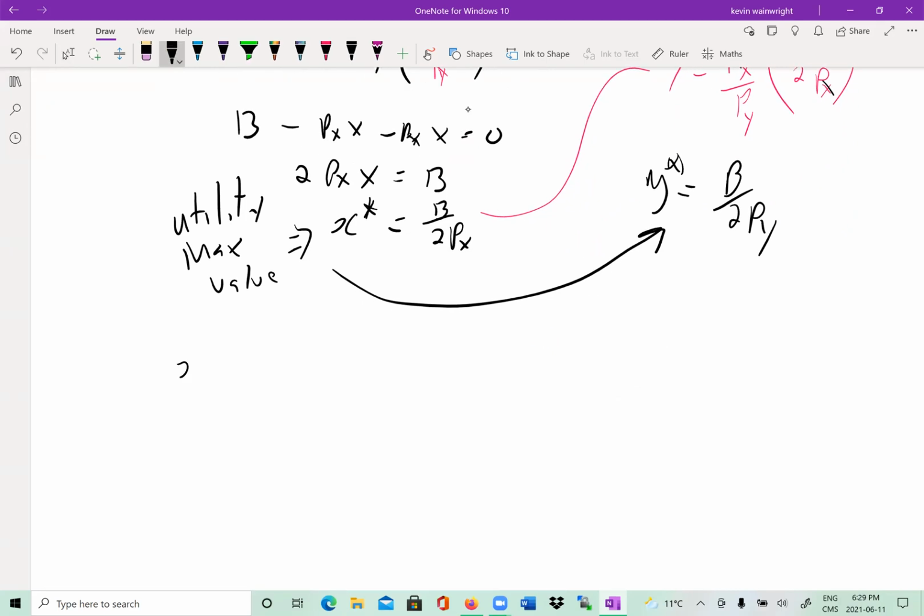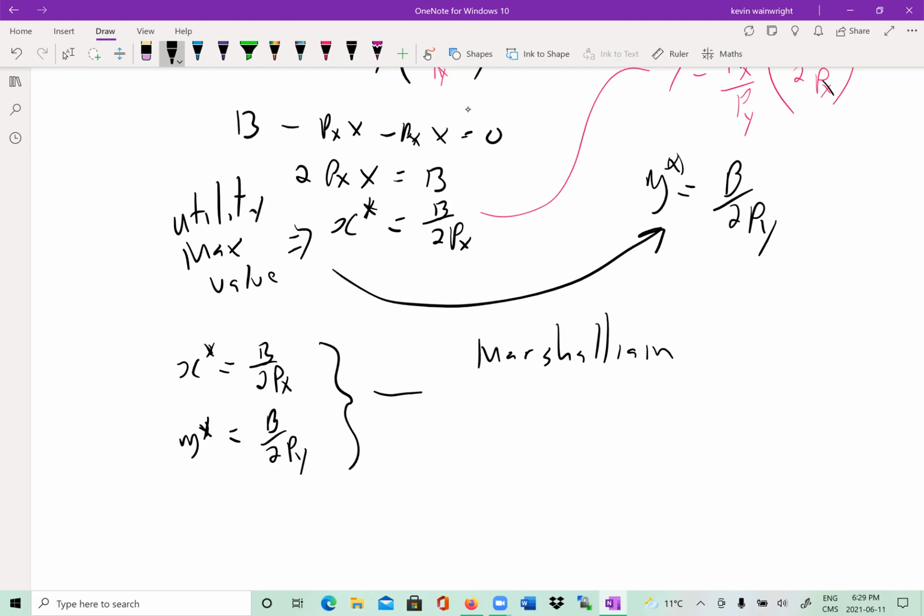So x star equal to b over 2px and y star equal to b over 2py are known as the Marshallian demand functions, or what you call the ordinary demand.